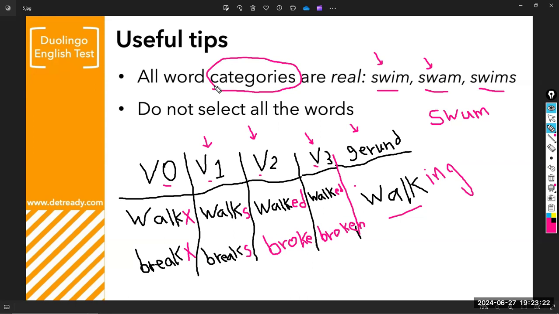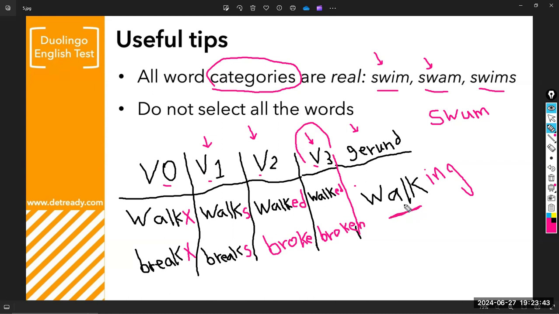So verb zero, it's infinitive. Verb one, it's the simple present. Verb two is simple past. Verb three is the past participle. Okay, that's clear.